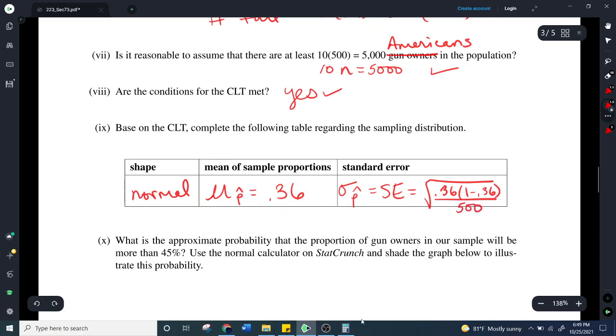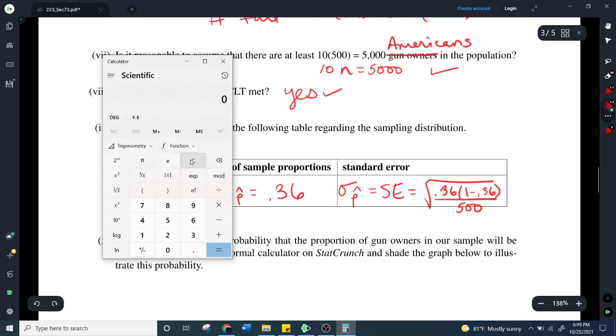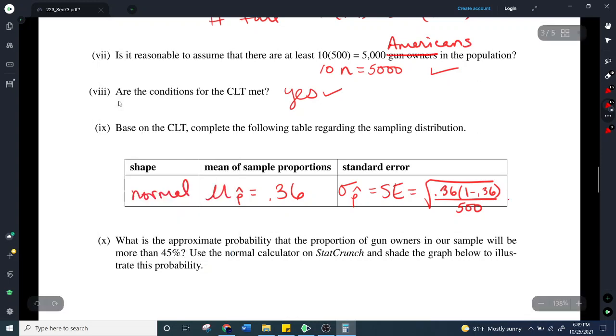So let's compute those numbers: 1 minus 0.36 times 0.36, divided by 500, and then take the square root of that. I'm getting about 0.021466. Let's round it to 3 decimal places, 0.021. So my standard deviation is about 0.021.